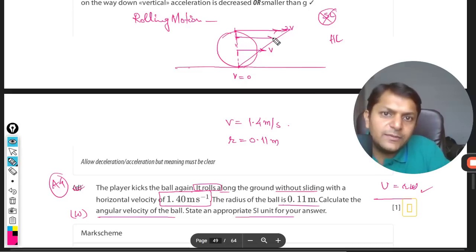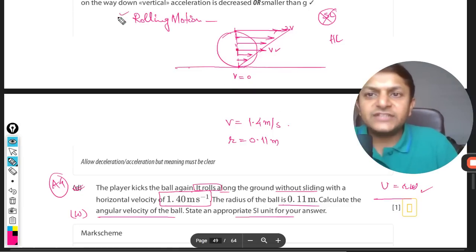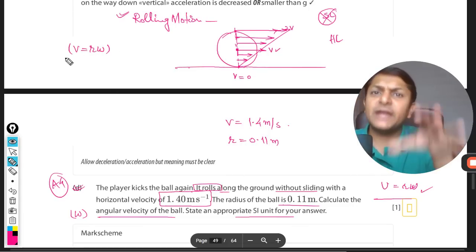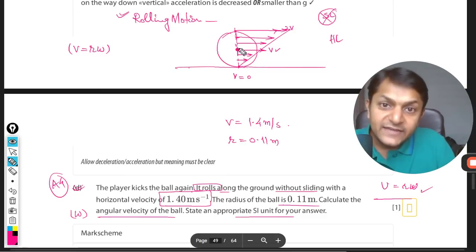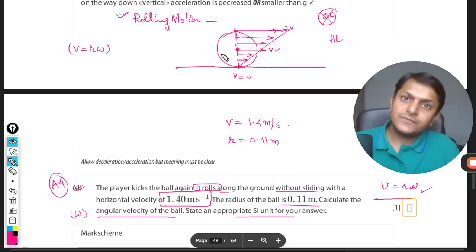Every point here is moving with its own velocity. The center point is moving with the velocity v, which is given to us. Now, in this case of perfect rolling, we have the condition that v is equal to r omega, where v is the velocity of the center of the circle.